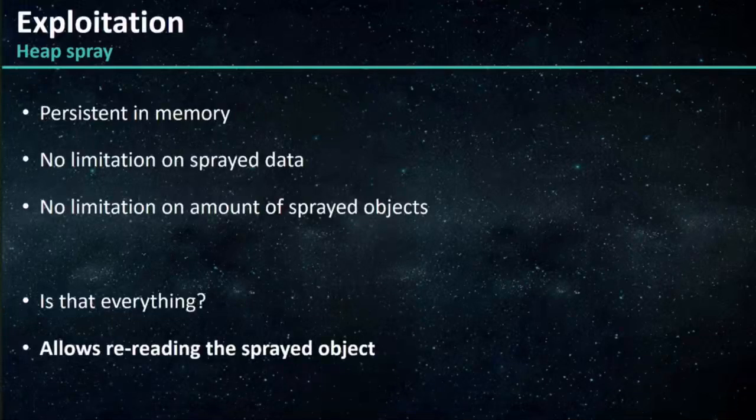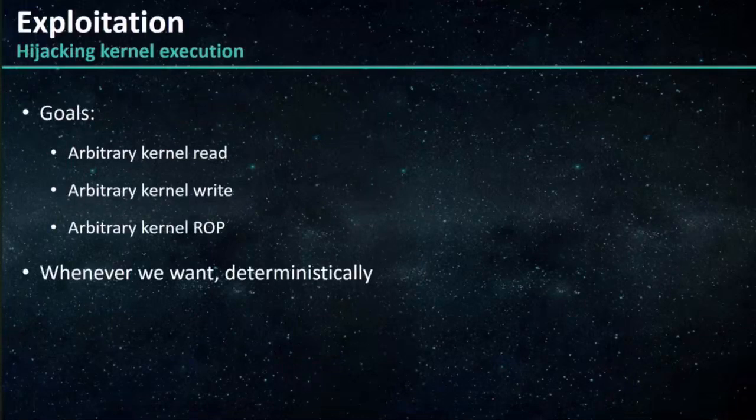Now again, my goals are to have arbitrary kernel memory read and write, and I also want to be able to call any function. I want to be able to do that anytime I want without any statistics in mind, so deterministically.